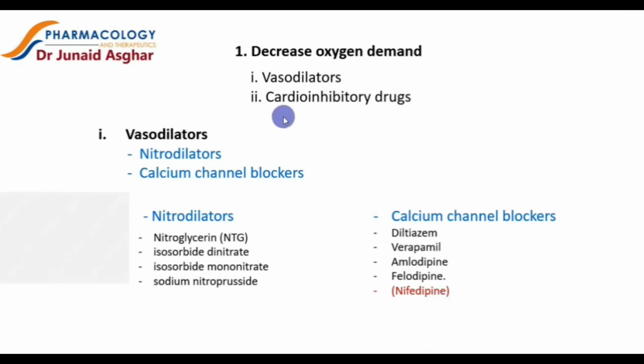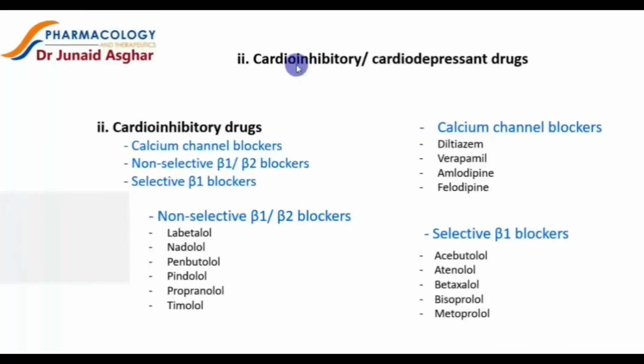Now let's see what the different cardio-inhibitory drugs are that are used to reduce the oxygen demand of the myocardium. These cardio-inhibitory or cardiodepressant drugs include calcium channel blockers. Yes, they are also present here. They have an additional effect. And then the non-selective beta-1, beta-2 blockers, and the selective beta-1 blockers.